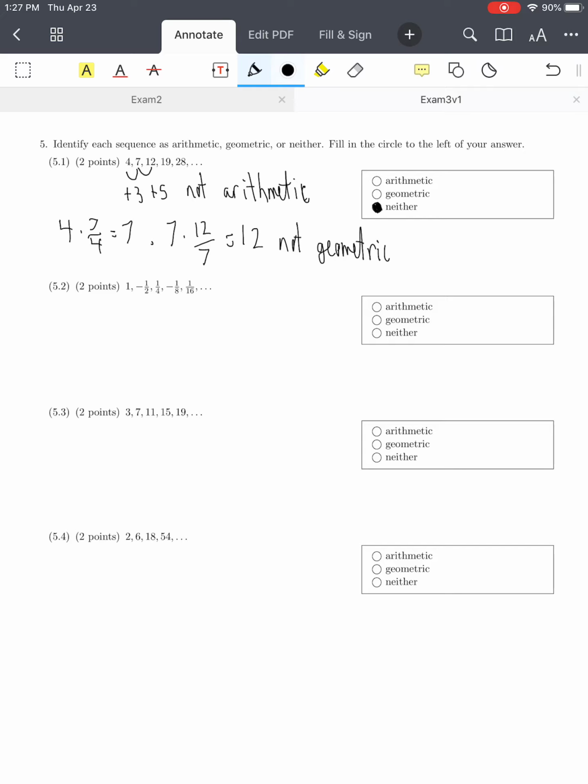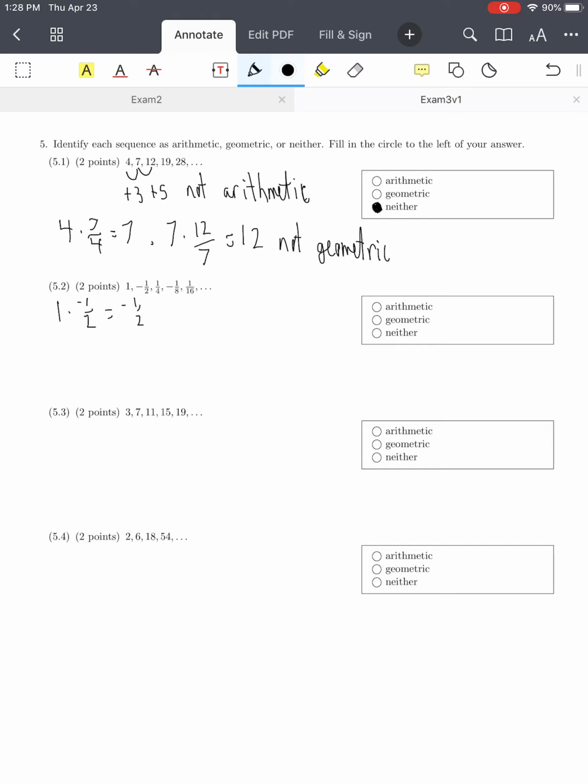Okay, part 2. We have 1, -1/2, 1/4, -1/8, 1/16. Definitely doesn't look like it's arithmetic, because going from 1 to -1/2 we're subtracting 3/2, and then to get from -1/2 to 1/4, it's a positive number. We're adding something. To see if it's geometric, 1 times what equals -1/2? 1 times -1/2 equals -1/2.